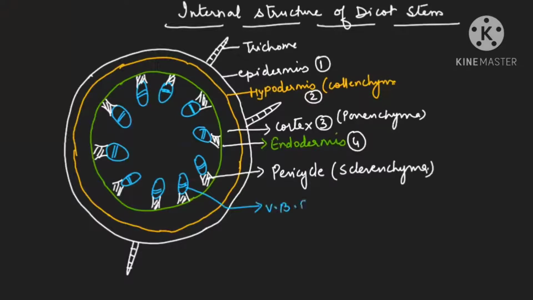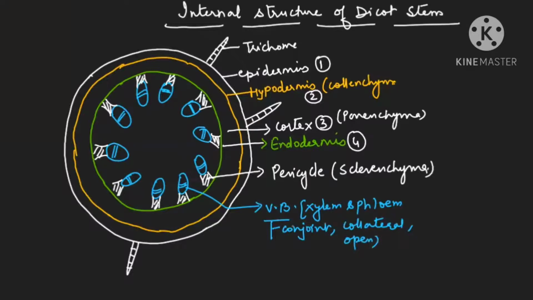The vascular bundle includes both xylem and phloem. And vascular bundles are of which nature? We have already studied: they are conjoint, collateral, and open. Open means cambium is present. Up till here, I hope the topic is clear.